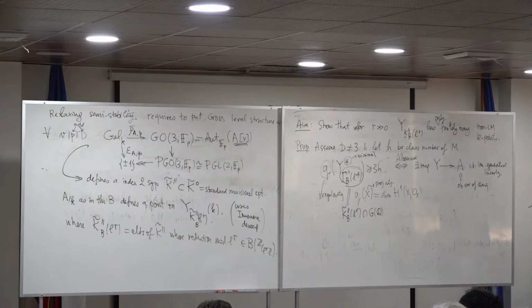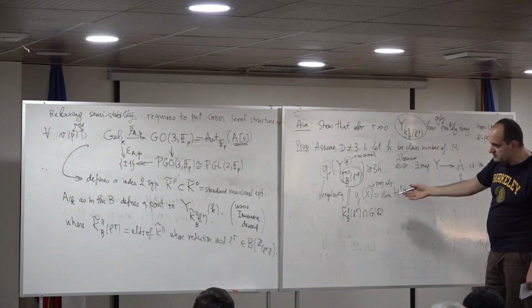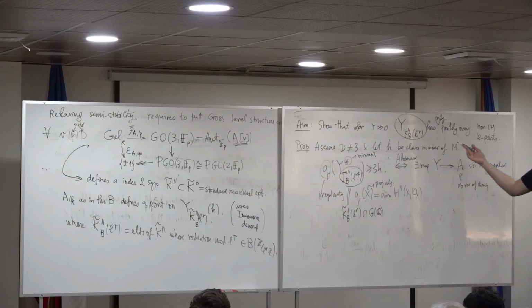Does Y stand for this Y_gamma,B, or is it just a notation? No, this was defined just below, I guess. This is just the double adelic quotient, and then you take representatives and write it as quotients.